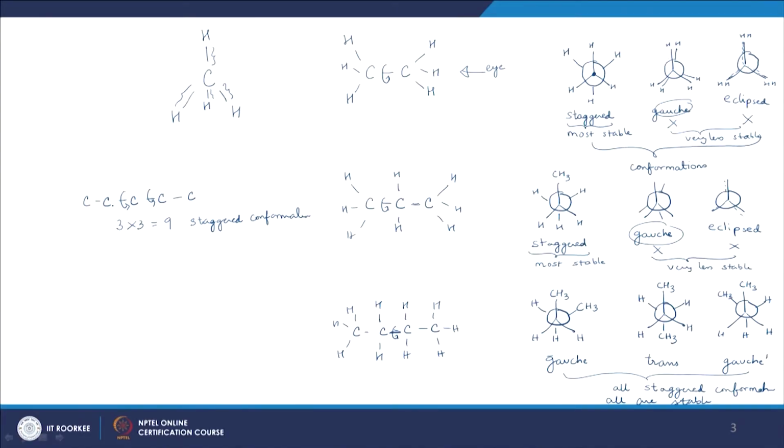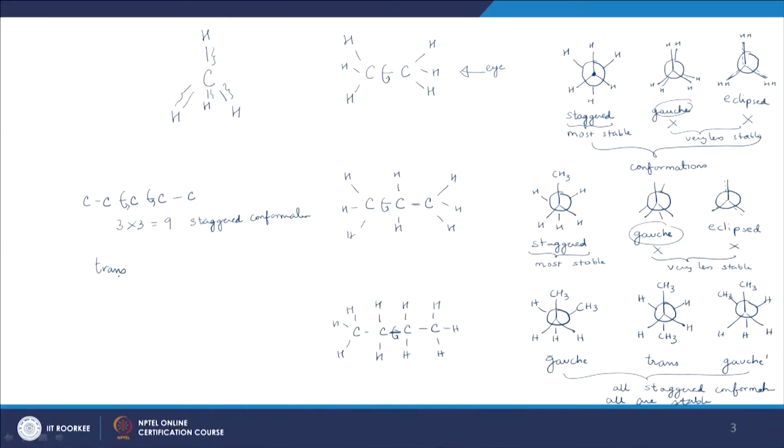So, along the first carbon-carbon bond where I am looking at the rotation, it can be either trans, gauche or gauche prime, and then irrespective of what it was along the first CC bond, along the second bond it can again be trans, gauche or gauche prime.